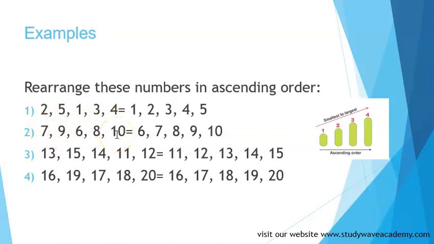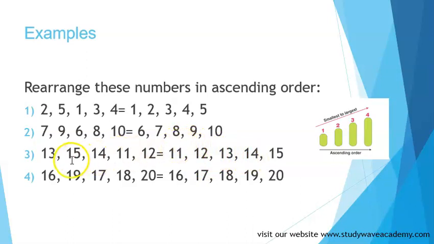Remember, we're arranging numbers from small to big. We do the same here, 13, 15, 14, 11, 12. The smallest number here is 11, so we arrange from 11, 12, 13, 14, 15.